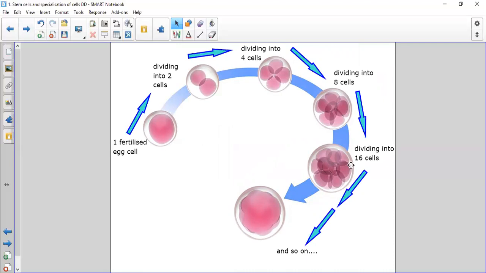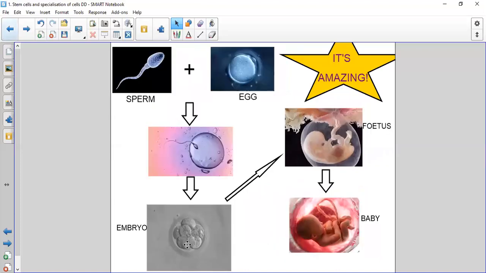Then we'd get 16. So the numbers are doubling every time, 2 to 4 to 8 to 16. And that would keep happening. And then it comes to the point where you can't really see the individual cells because there's too many of them. So this bit here is what's happening between this bit and this bit, and continues to happen for a while until we end up with this funny looking fetus.